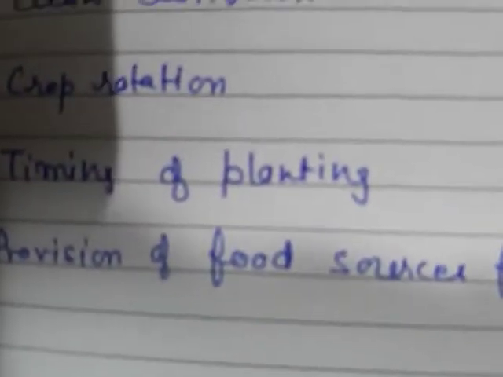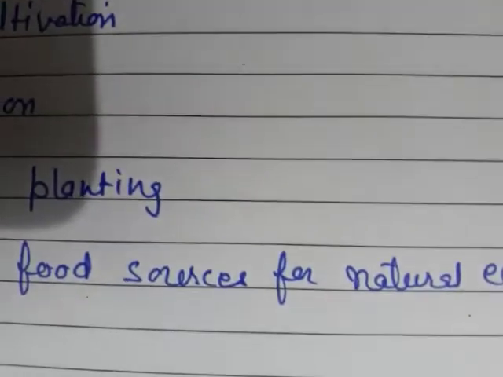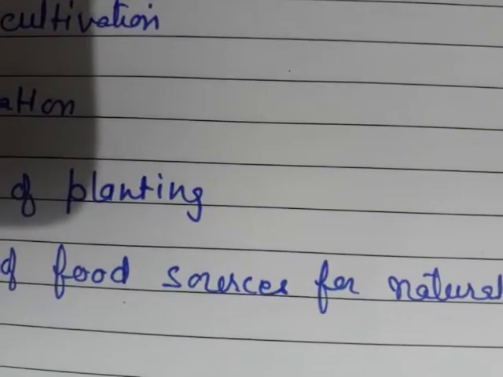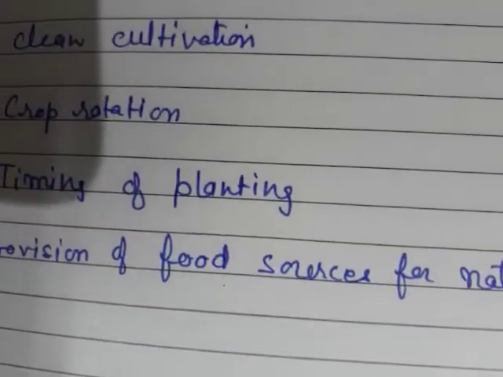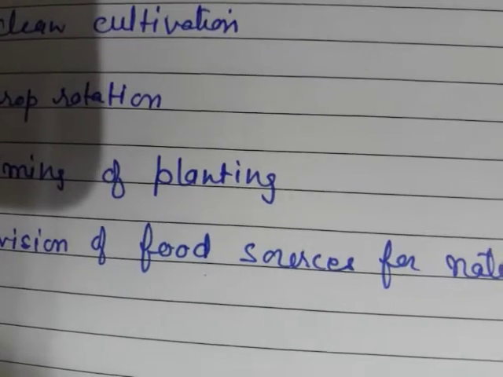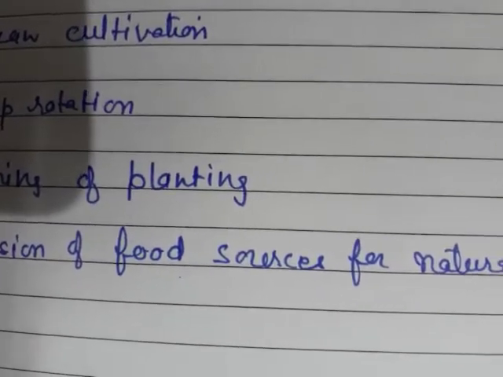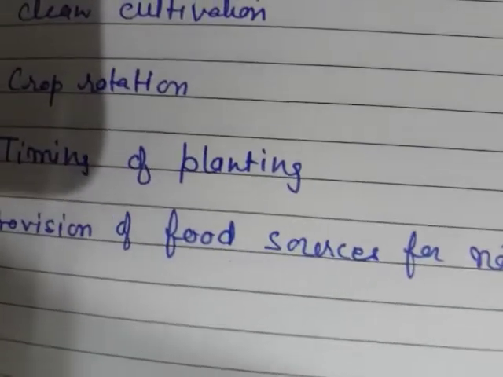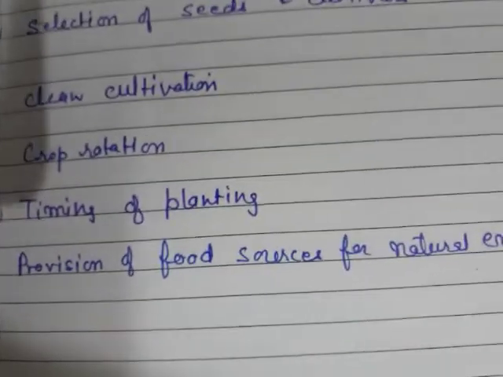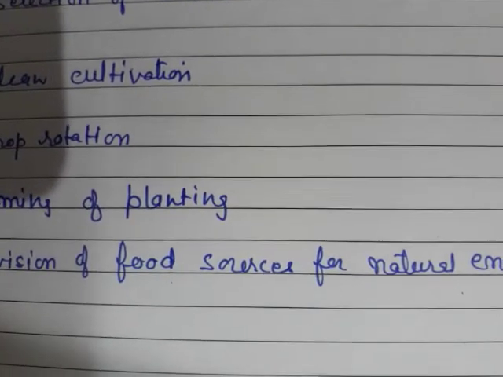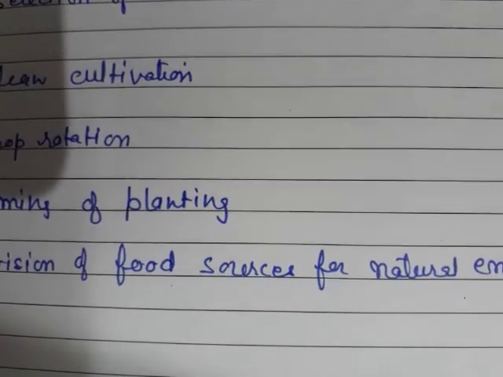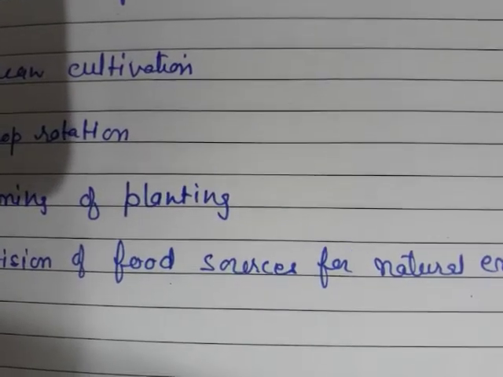Then, provision of food sources for natural enemies. Many natural enemies or enemy species require food sources in the form of pollen, nectar, or harmless arthropods that are not present in particular crop habitats.